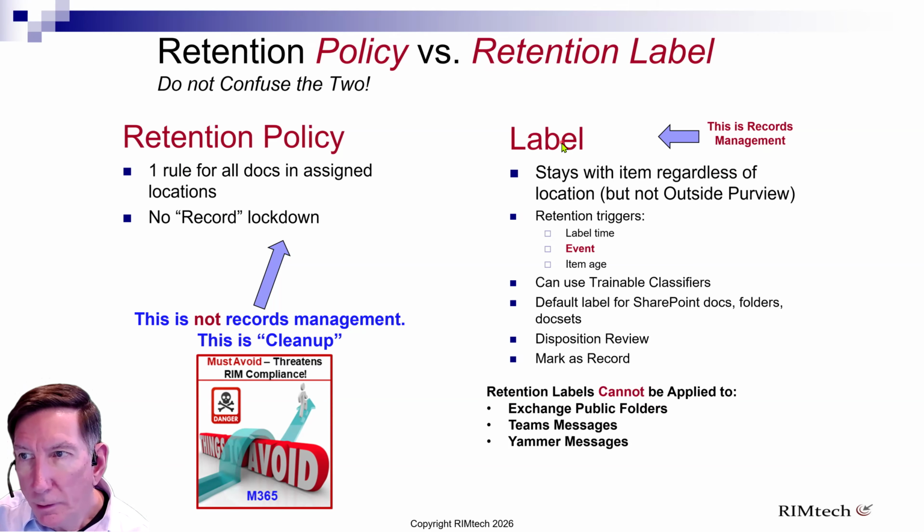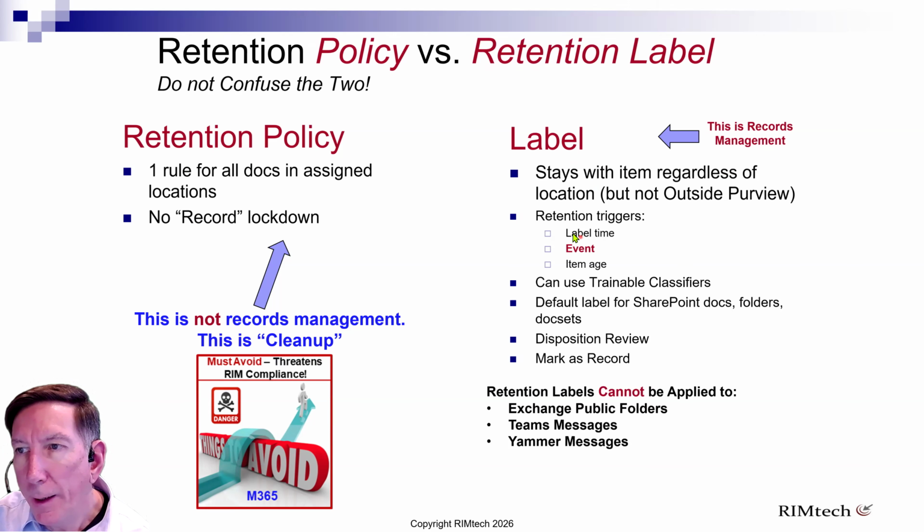A label is a rule, a retention rule, but it is applied to an item. What's an item? An item is Microsoft's language for document, whatever it is in SharePoint. They call it an item. So the rule is applied directly to the item, like a sticky note.